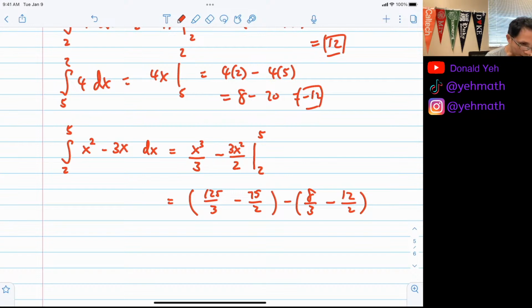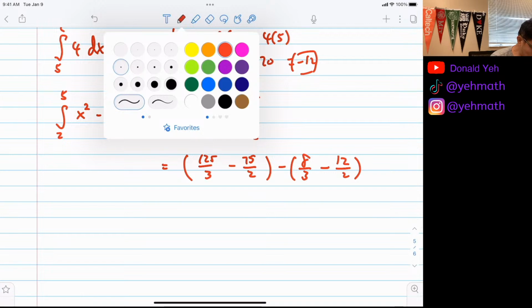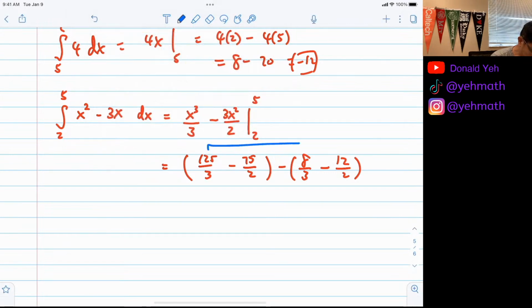Okay. So I'm going to show you here, that's a shortcut. Originally, you probably think about combining these to a common denominator. I won't combine it first. I will match up the same denominator from the first parenthesis to the next parenthesis. So I will get 125 minus 8, which is what? 117, I believe. 117 over 3.